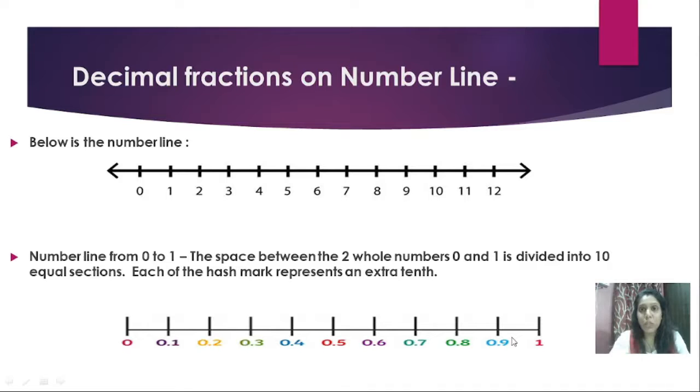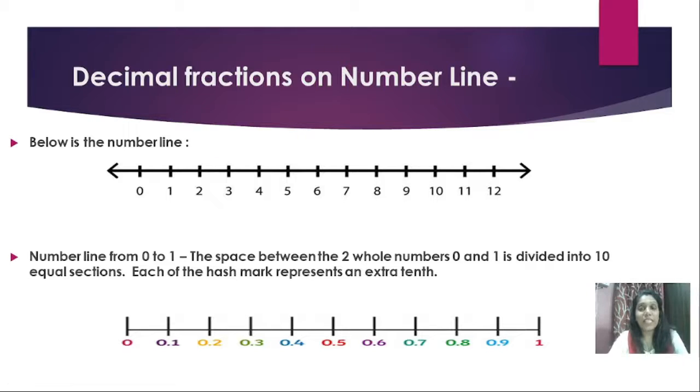These are very small lines, correct? So these small lines, the hash marks, represent an extra tenth. This says from 0 to 1, it goes as 0.1 to 0.9. So this is how you write decimal fractions on a number line, children.